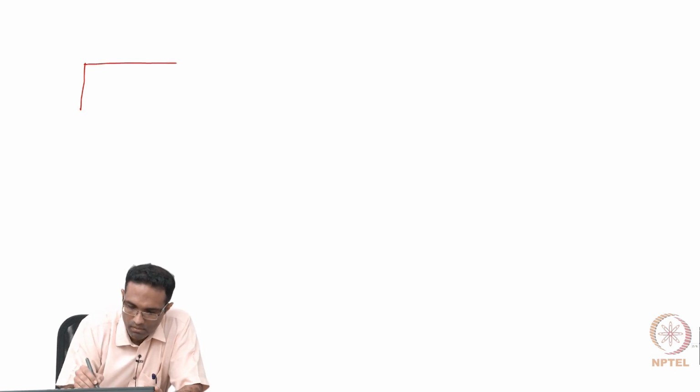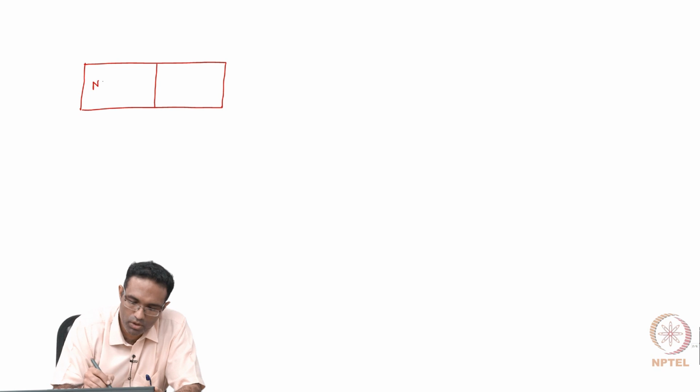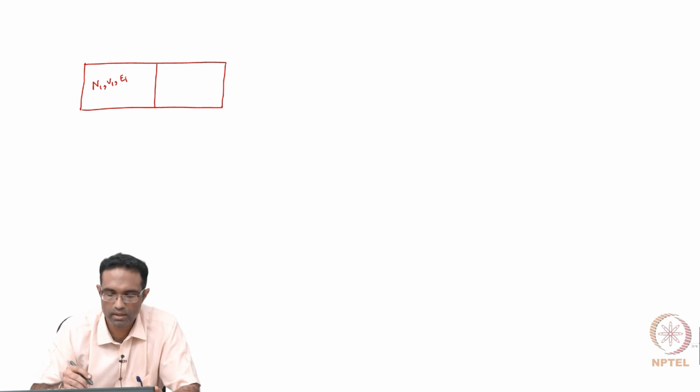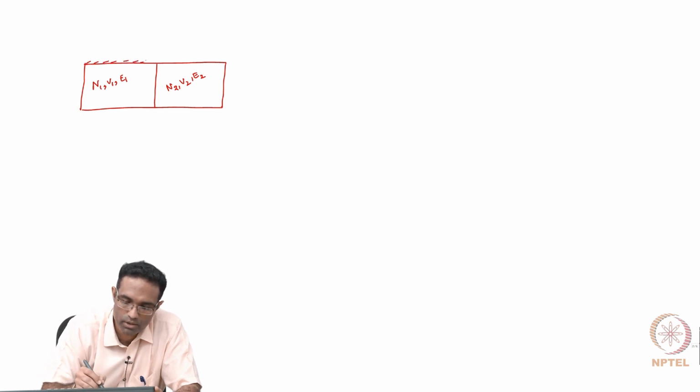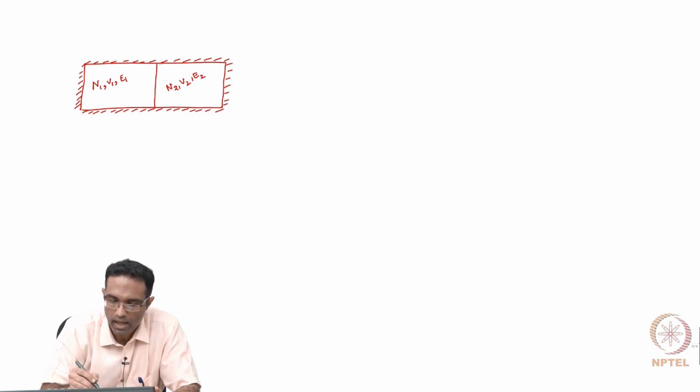So we will consider a system, there are two systems here. This one consists of N1, V1, and has energy E1. This is N2, V2, and energy E2, and both of them are isolated from the surroundings. Okay, and for now they are also isolated from each other.